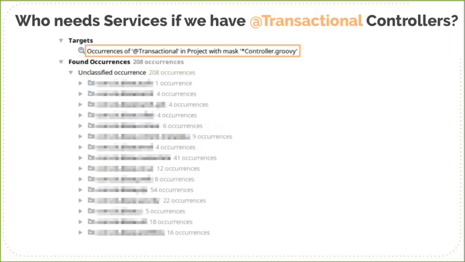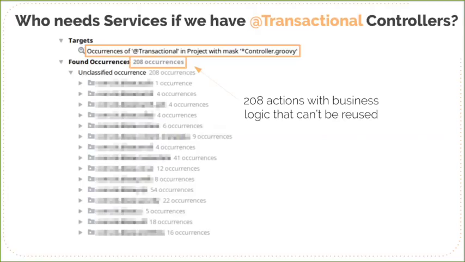So this means that in all those places, there was business logic. And this also means that all that code can't be reused, because we can't share it since it's on a controller. So if we move that code to a service, we can reuse it, right? 208 actions with business logic there that can be reused.